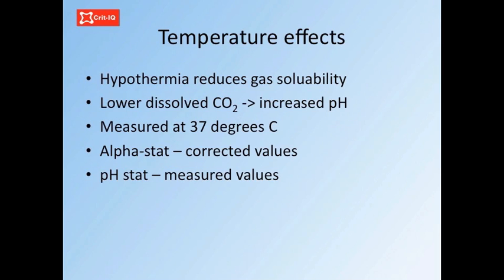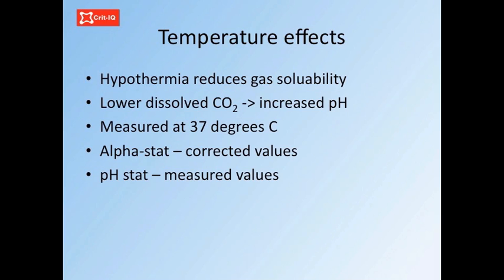Temperature has a direct effect on the solubility of carbon dioxide, which in turn influences the measured PaCO2 and the hydrogen concentration. In a deeply hypothermic patient, the pH becomes more alkaline. However, during analysis, most gas analyzers standardize to the temperature of 37 degrees.